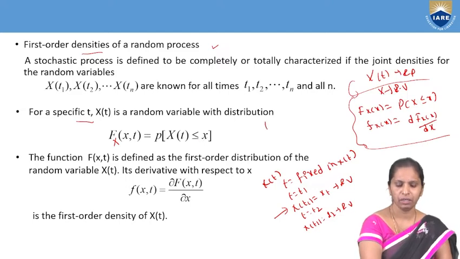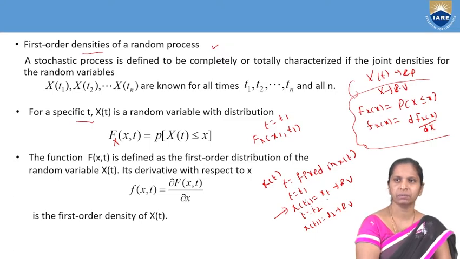For example, if I fix t equals t1, then how can I write the first order distribution function of the random process x of t? As fx of x1 comma t1. Because if t equals t1, then x of t1 is equal to x1. Therefore, fx of x1 comma t1 is equal to what? P of x of t1 less than or equal to x1.